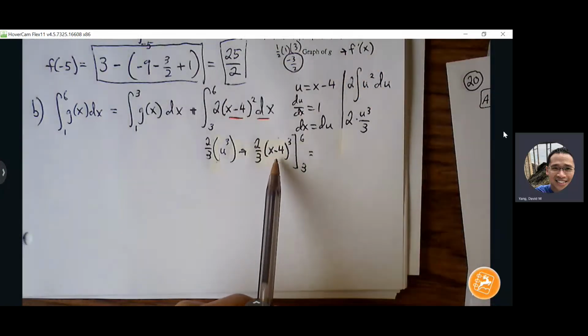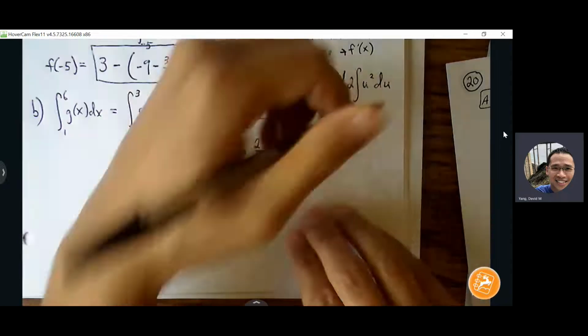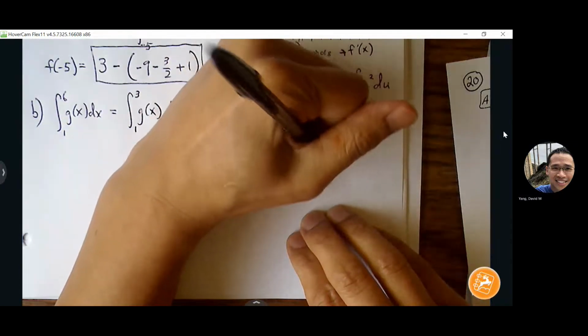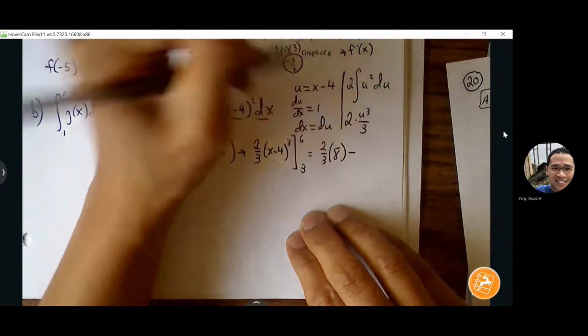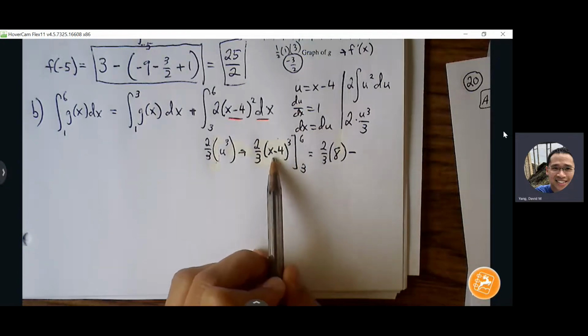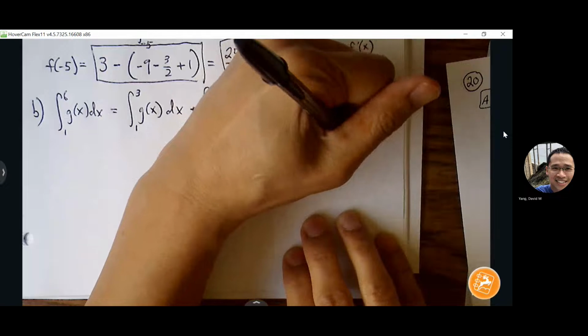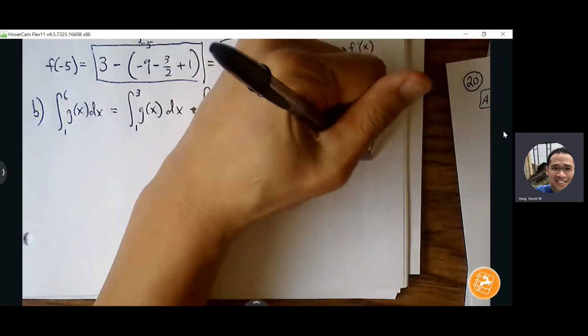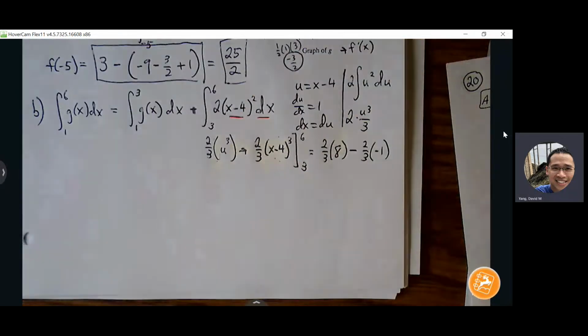6 minus 4 is 2. 2 cubed is 8. Minus lower bound, 2/3, 3 minus 4 is -1. -1 cubed is -1.